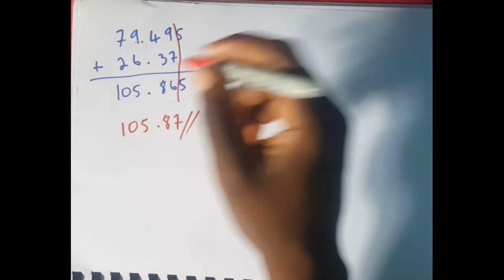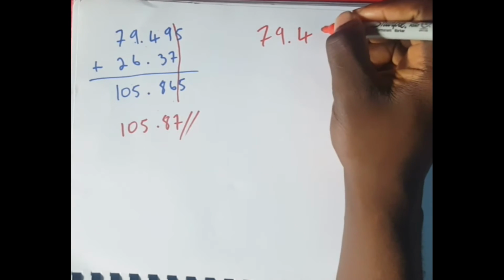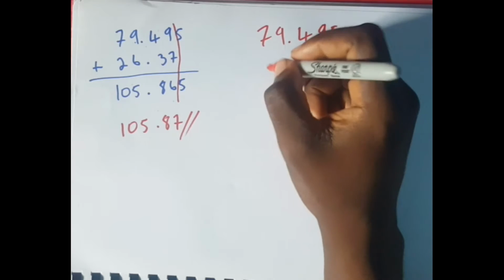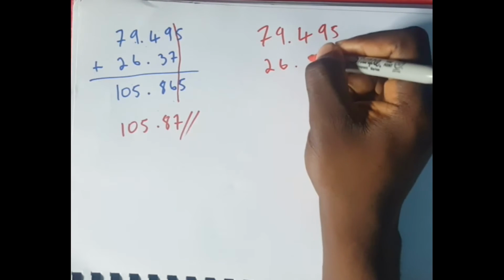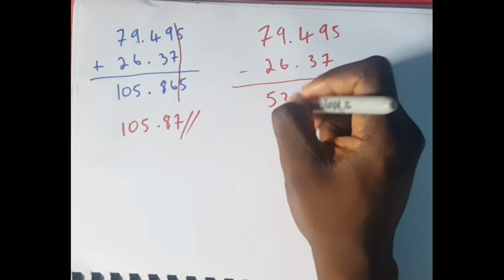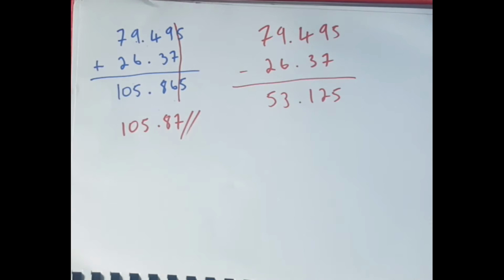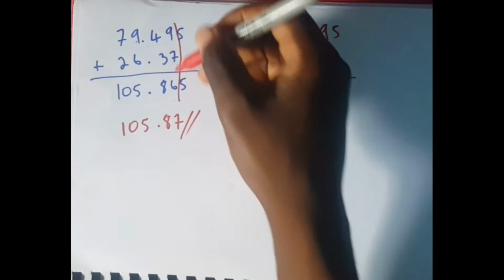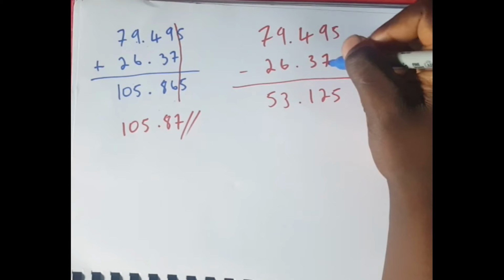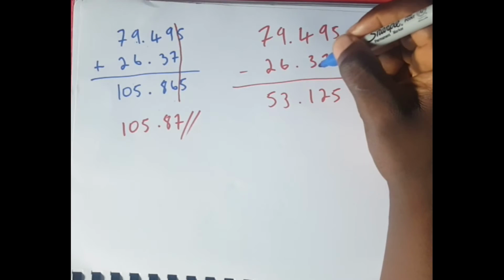Say we use the same numbers, 79.495, and you are subtracting 26.37 from it. I would get 53.125 if I type this in a calculator. Now the same will go for this. So this number has 2 decimal places.